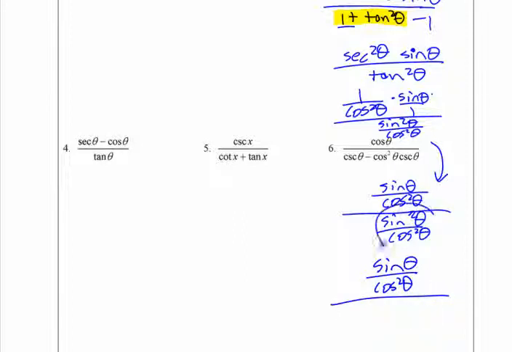Instead of dividing by this fraction, I am going to change it to multiplying by its reciprocal. Okay, that's just multiplying by the reciprocal. Cos squared and cos squared are going to disappear. And one of the sines is going to disappear, right? You have sine over sine squared.